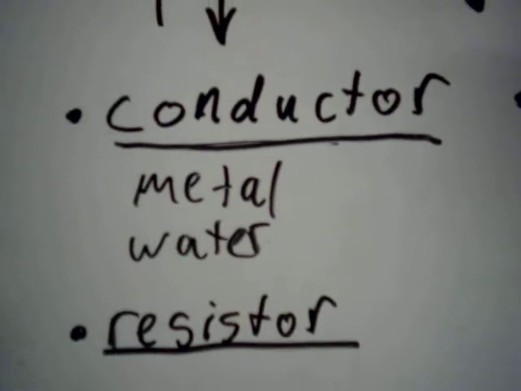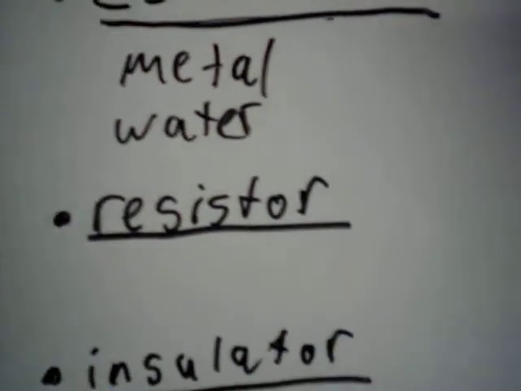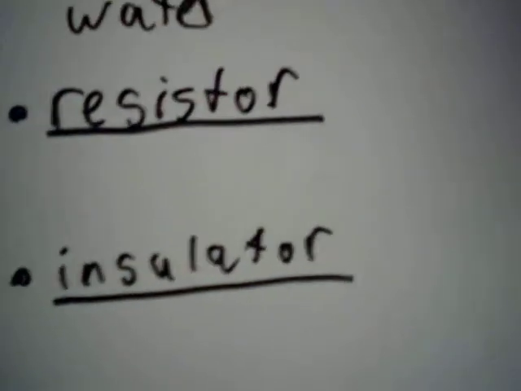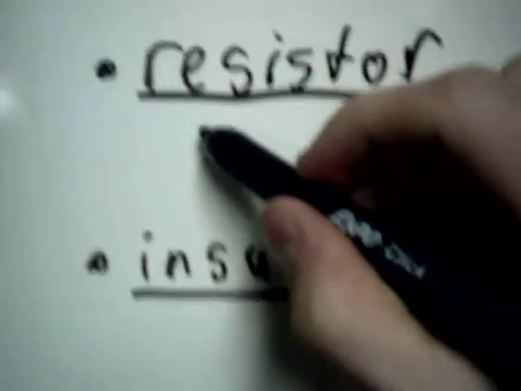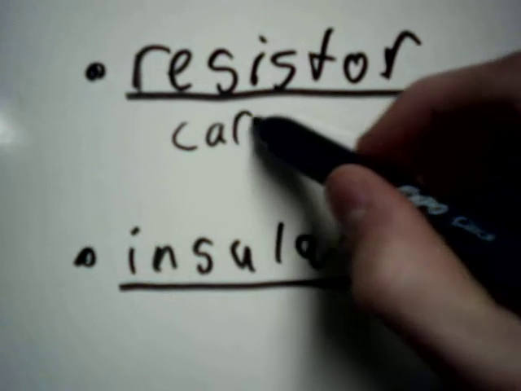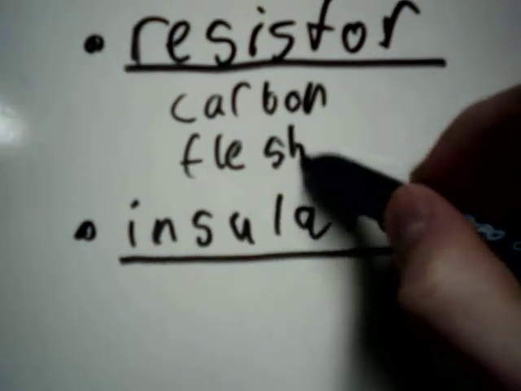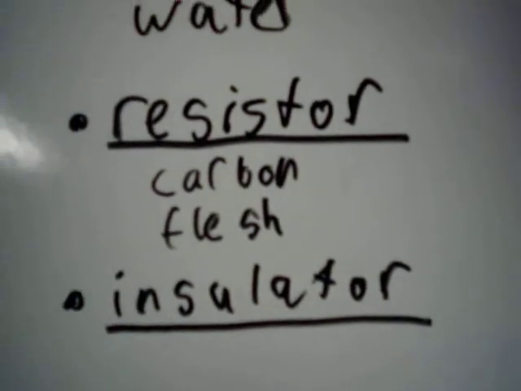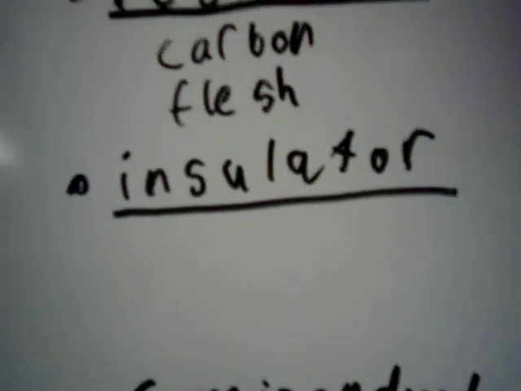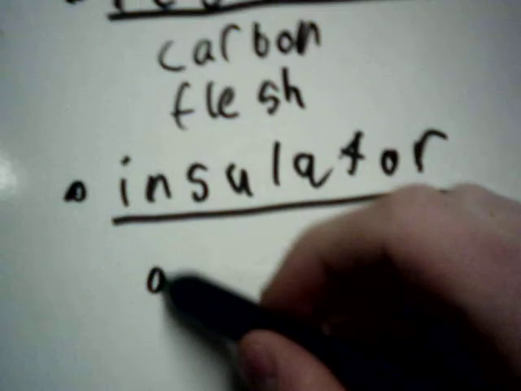The next kind of materials are resistors, which have high resistance but still let current flow. That's things like carbon, and actually flesh, gross. And then an insulator doesn't let current flow, so we'd say it has infinite resistance.